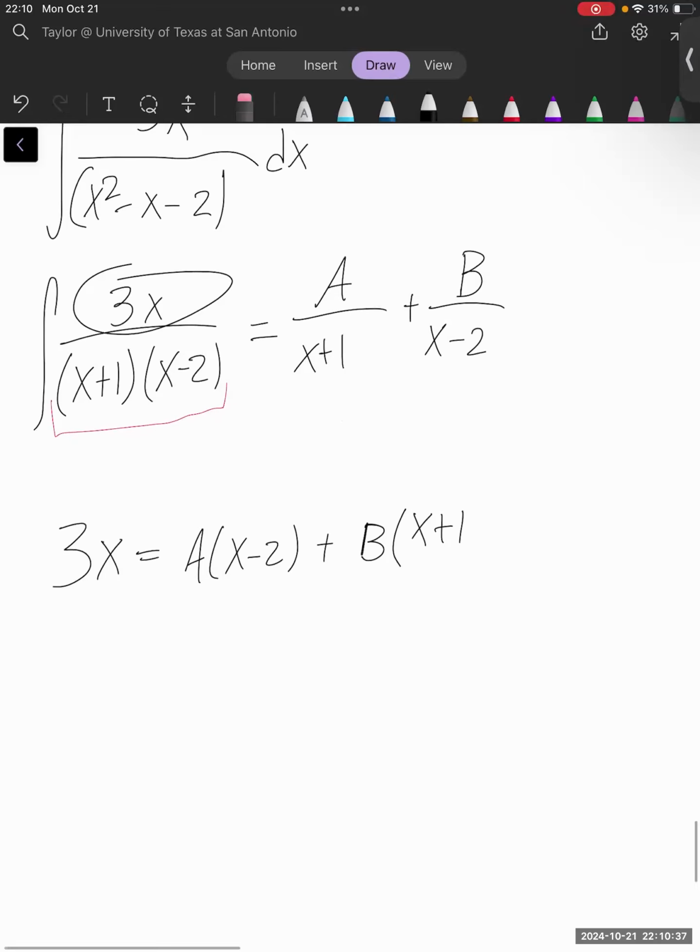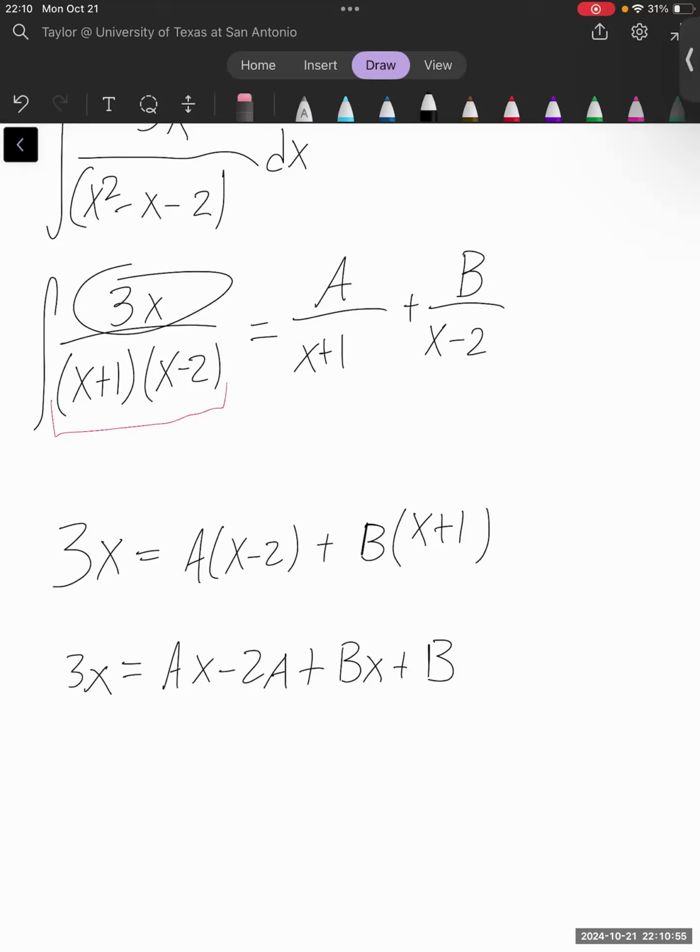And then distributing our constants, we get ax minus 2a plus bx plus b, equals 3x.